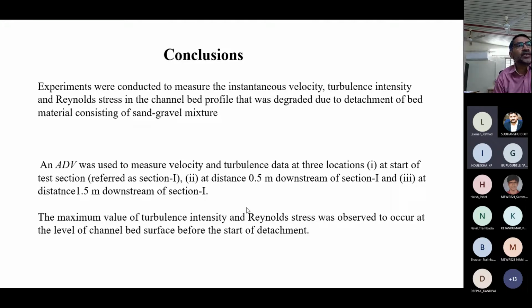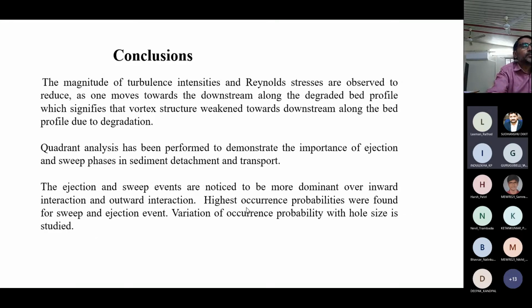The maximum value of turbulence intensity and Reynolds stresses was observed at the level of the channel bed surface before the start of detachment. We have discussed that Z by H equals 0, the level where the test section is placed, is where the maximum value of these two phenomena was observed.